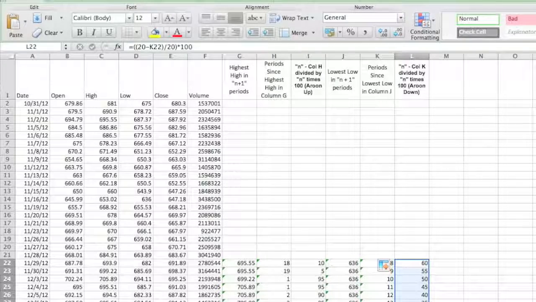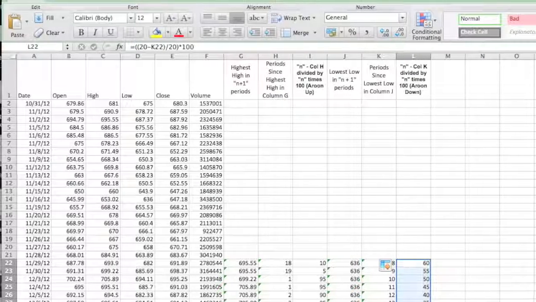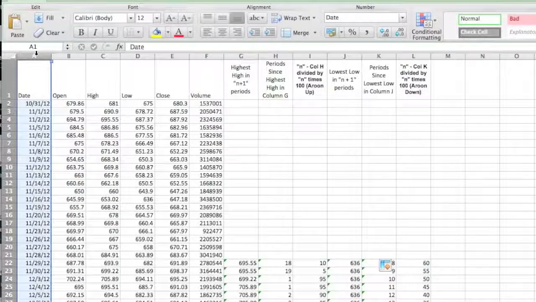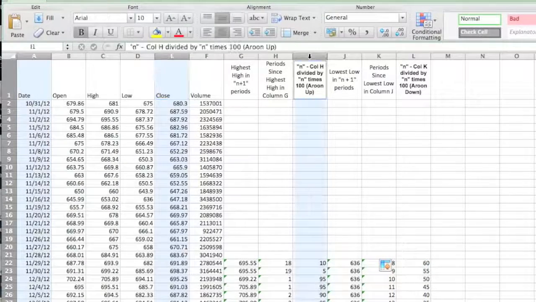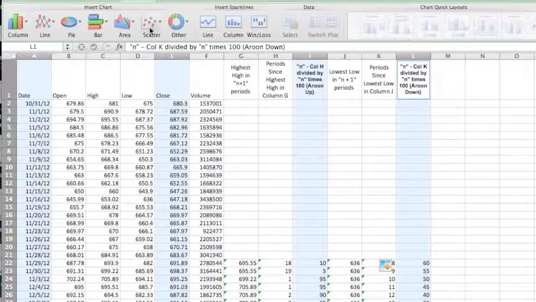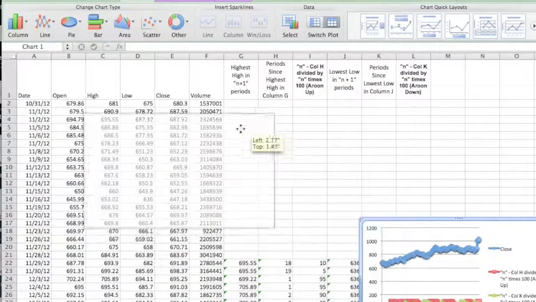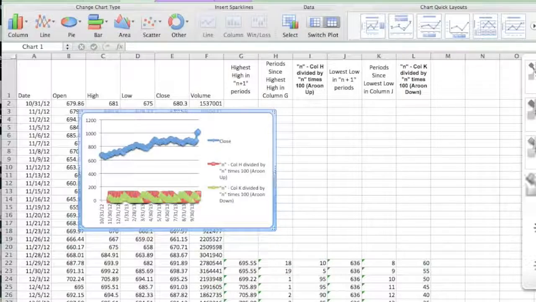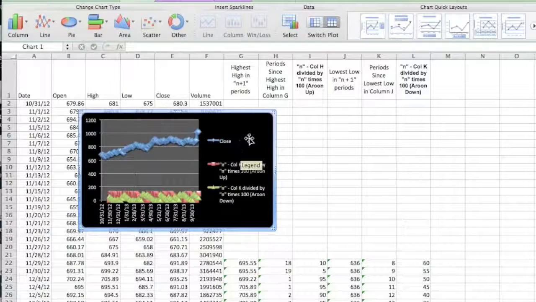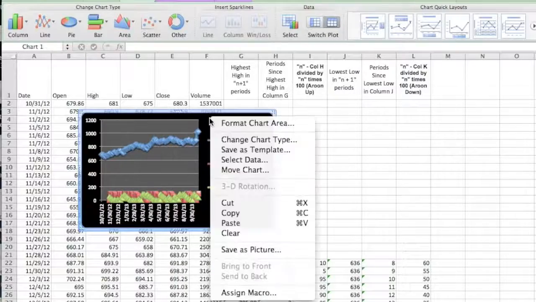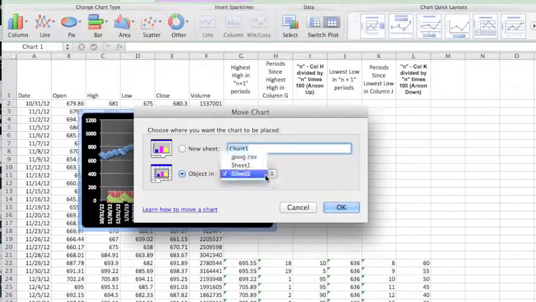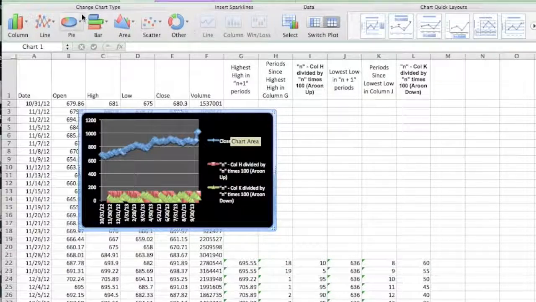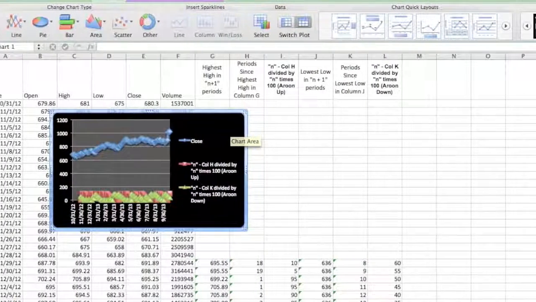To fill in the rest, now we're going to plot them. So you want your date, close, Aroon up, and Aroon down. There we go. Just going to move it to a new sheet. I think I opened one. Let me move this to a new sheet.